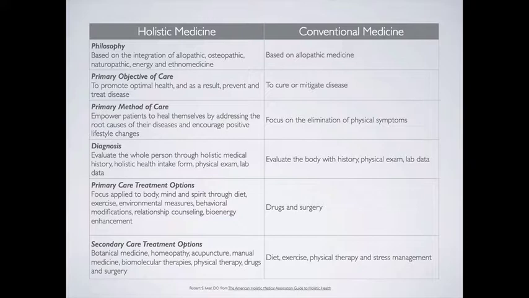Holistic medicine, at least currently, and this probably doesn't apply to all practices, is philosophically based on an integration of all that holistic medicine has to offer, all that integrative medicine has to offer. So it's integrating the allopathic or conventional, osteopathic philosophy, naturopathic philosophy, energy and vibrational medicine, as well as ethnomedicine, which could be translated as botanical medicine.